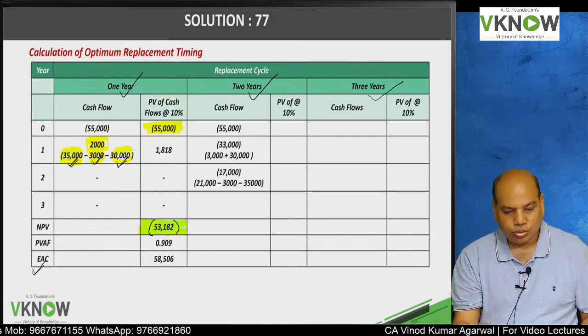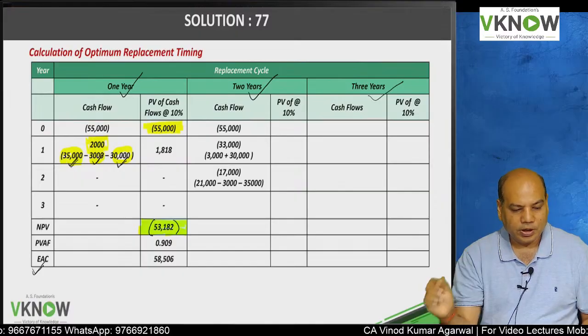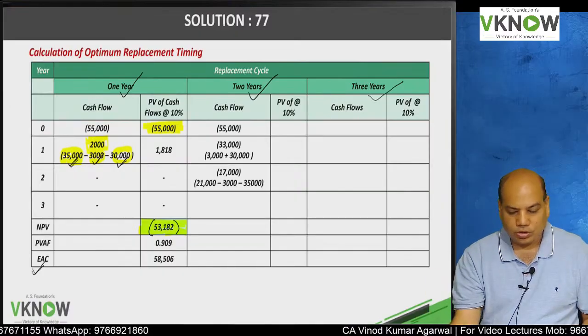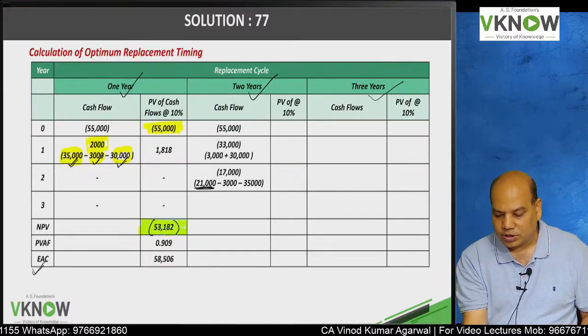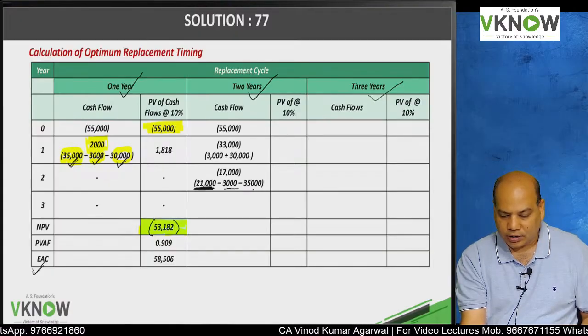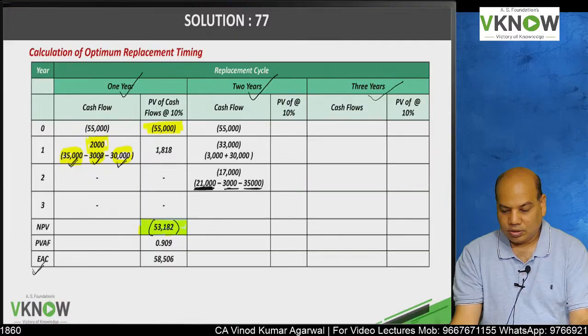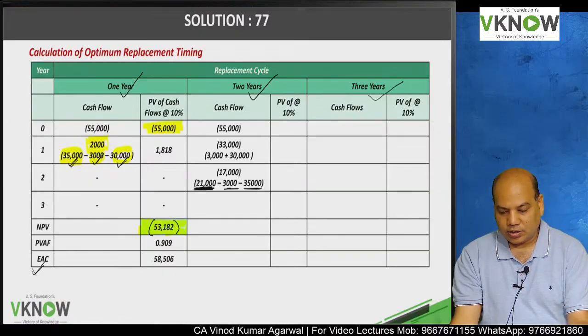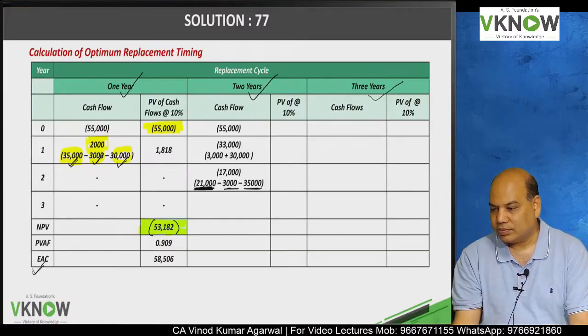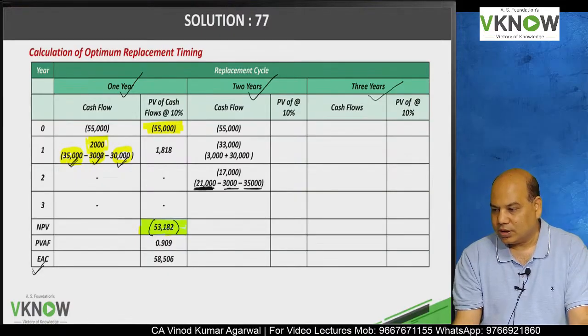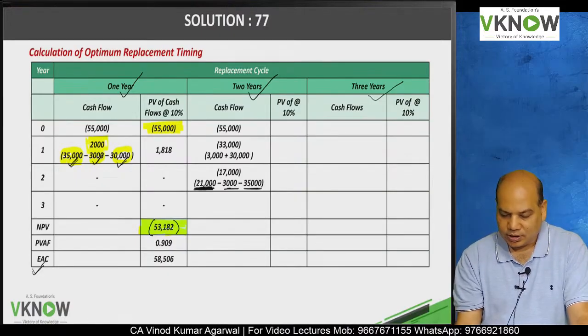In year 2 we are going to scrap it, so we receive 21,000 scrap value minus 3,000 road tax minus 35,000 petrol and repair. So what is my net cash flow of the second year? 17,000 outflow. Please check, 17,000 is right.